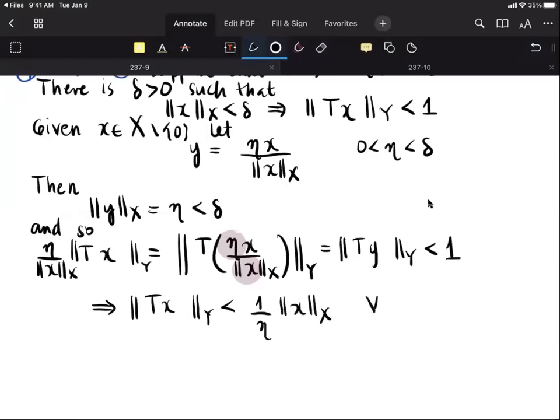And this is true for any x not equal to 0.